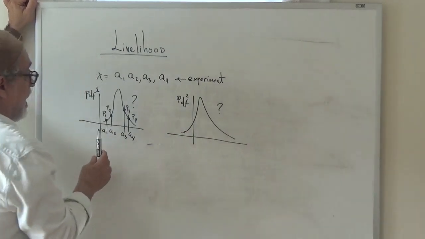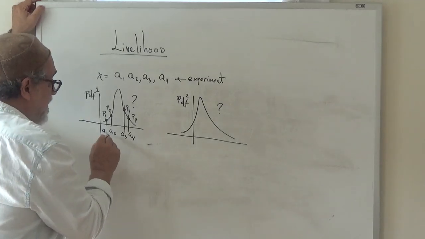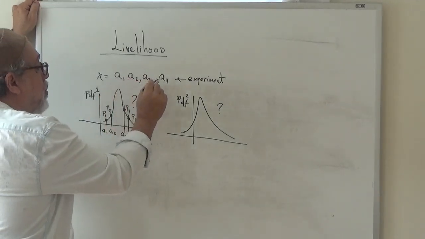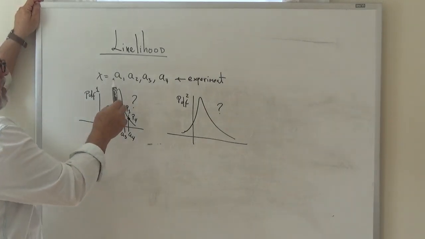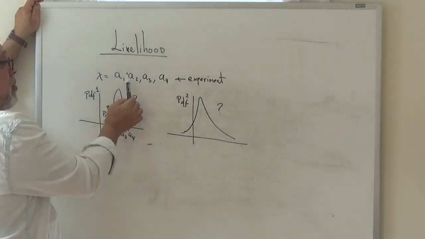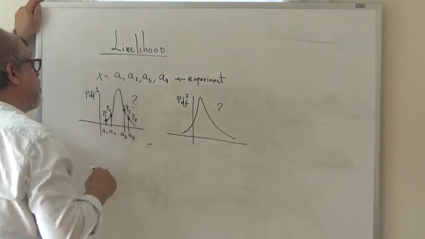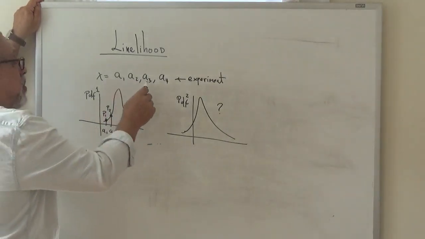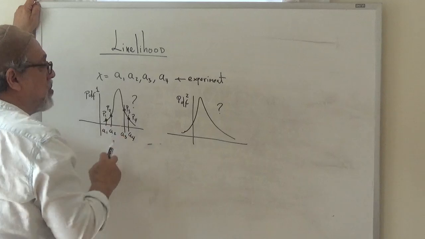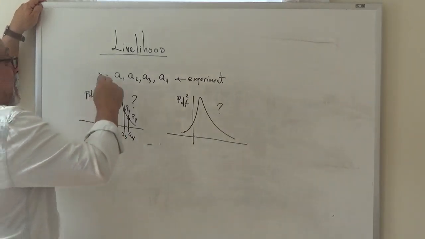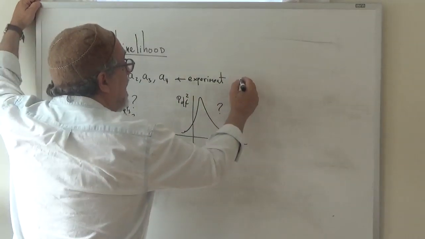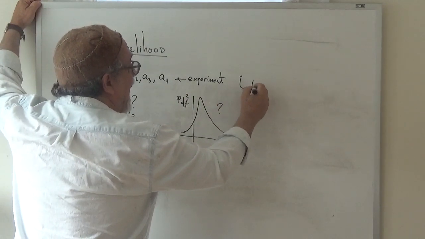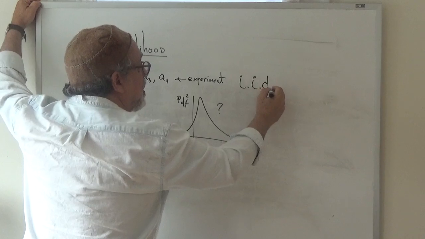Now, we assume that A1, A2, A3, A4 are independent variables. That is, when A2 was pulled out of the bag, it had nothing to do with A1, and this one had nothing to do with either one, and so on. And they were all being pulled out from the same bag, so we refer to them as being independent, identically distributed.